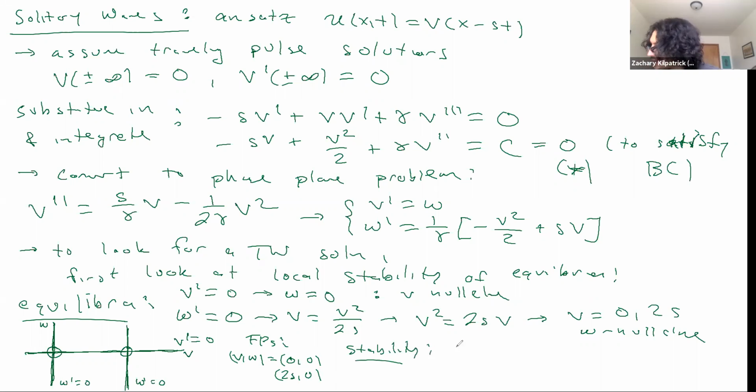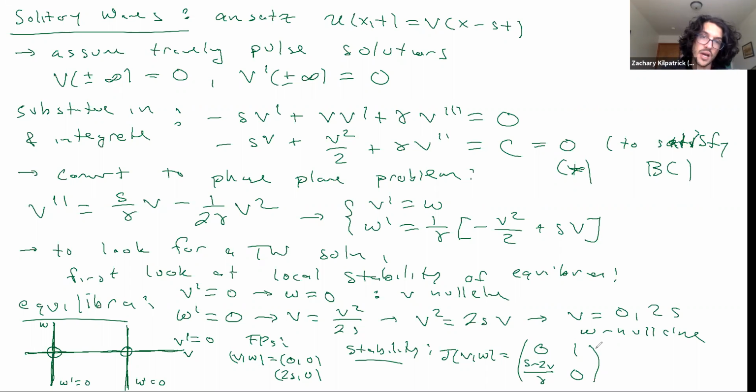Well, for that, I need a Jacobian, right? So my Jacobian of V, W is just going to be the V and W derivatives up here. So I have 0 and 1, okay? And then down here, let me write this out. So I get S minus 2V divided by gamma, and then 0, okay?